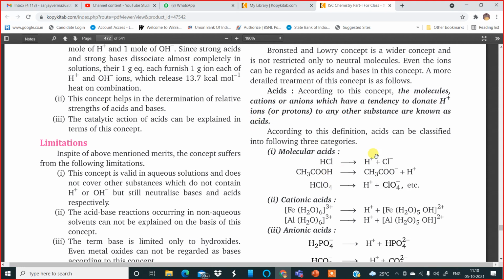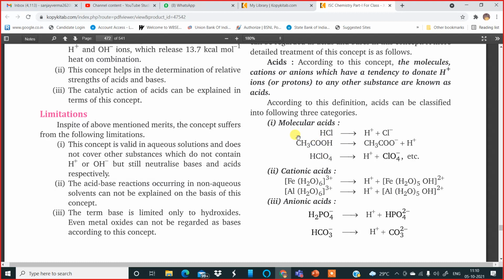Some molecular acid examples are hydrochloric acid, acetic acid, and perchloric acid, giving H plus ions in one way or the other. Among cationic acids, the cations behaving as acids, there are the hexaaqua ferric ion and the hexaaqua aluminum ion, which dissociate to give a proton.